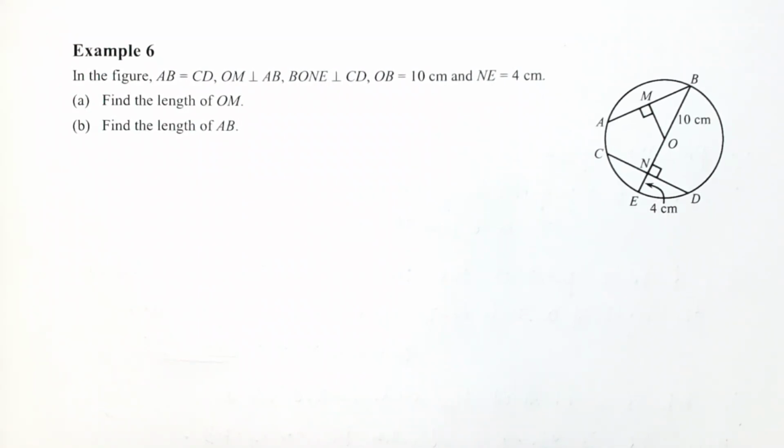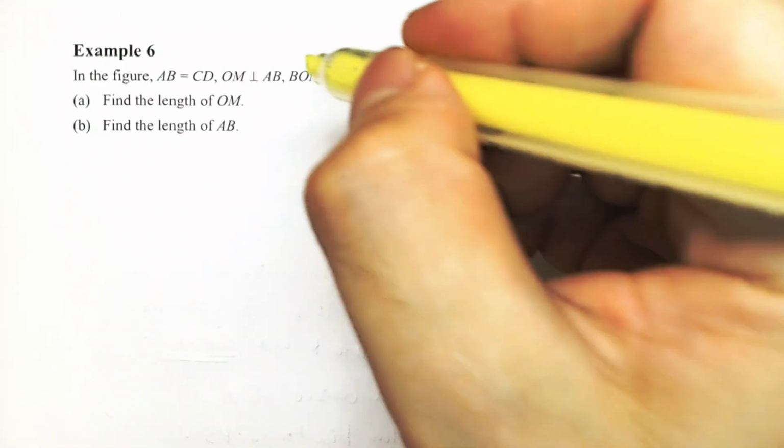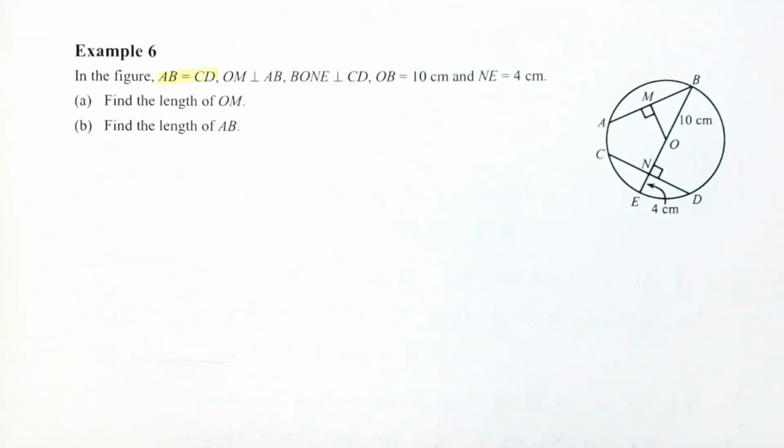To find the length of OM, you should know that the chords AB and CD are of the same length. Okay, it's given here. They are of the same length.